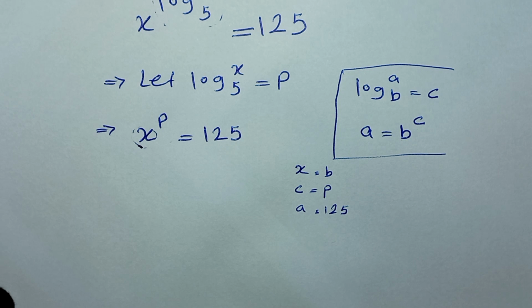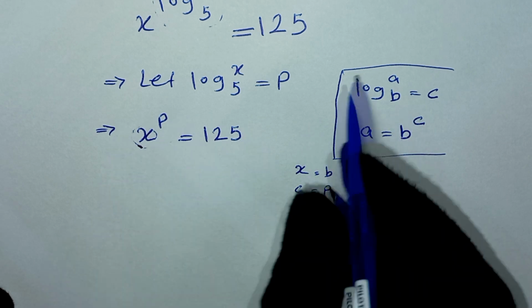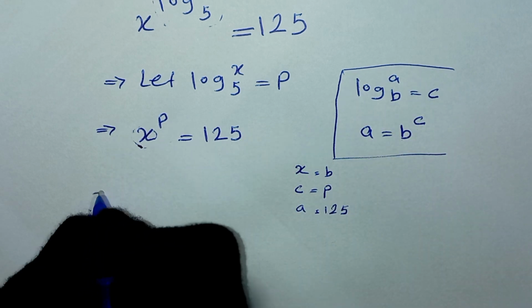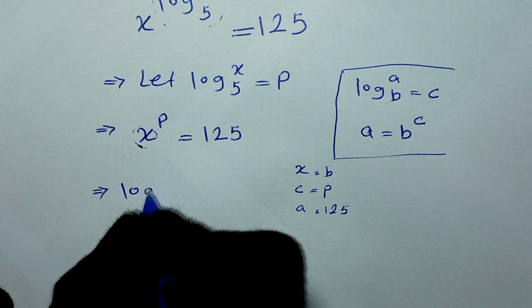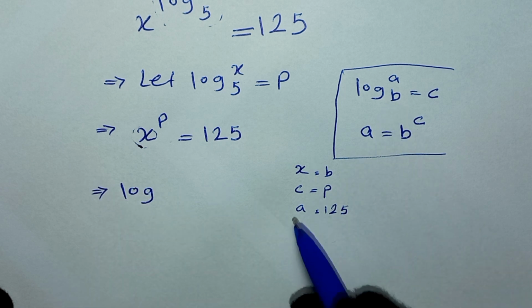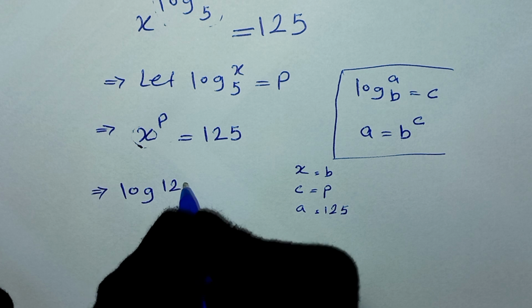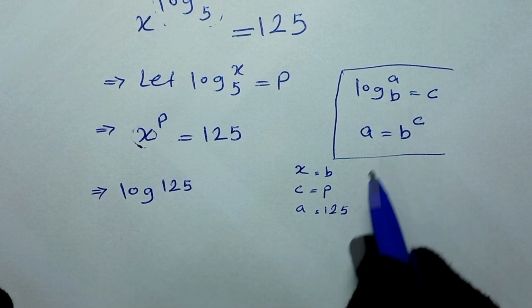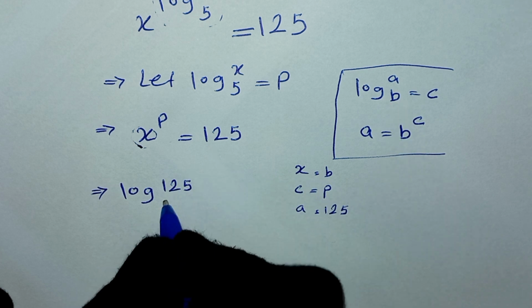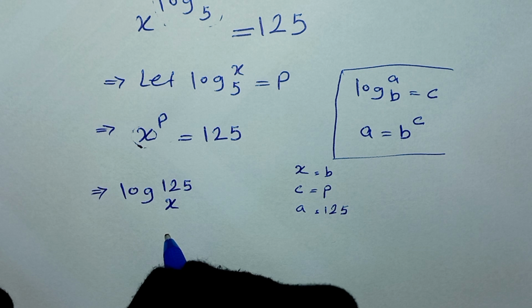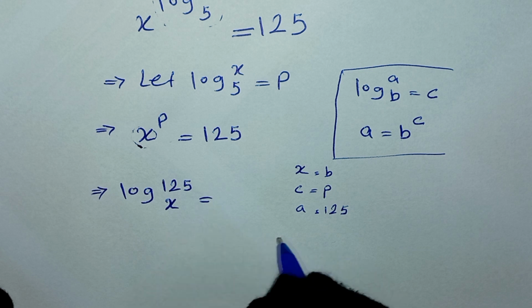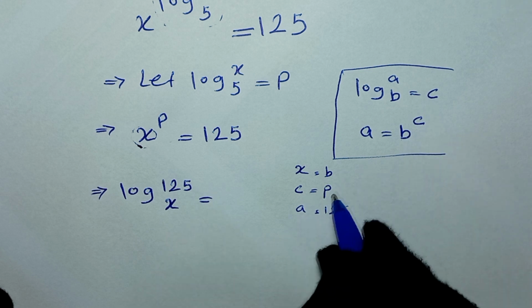So we can write this in this form. So it will be log of a. A from here is 125. So log of 125 to the base b. B from here is x, so to the base x is equal to c. C from here is p.